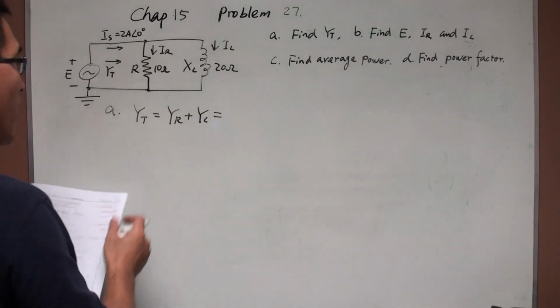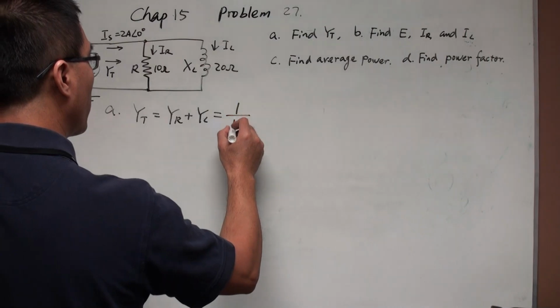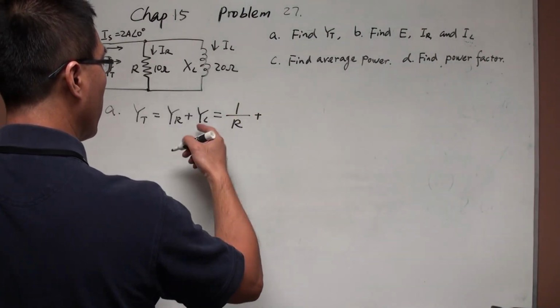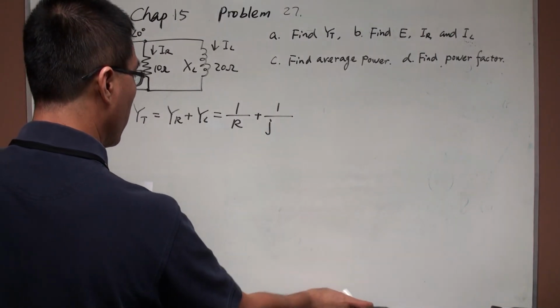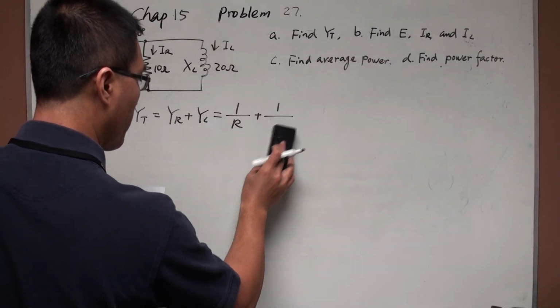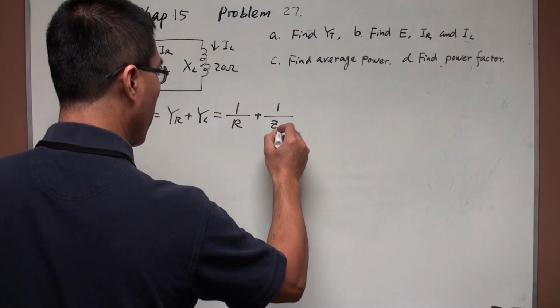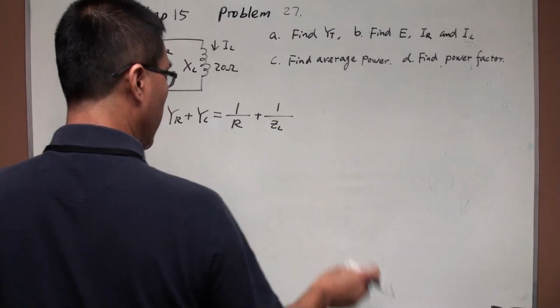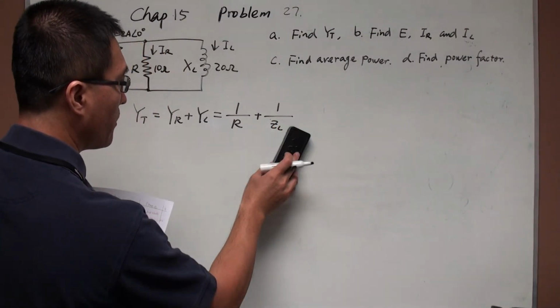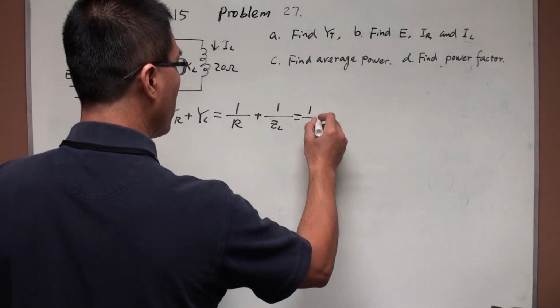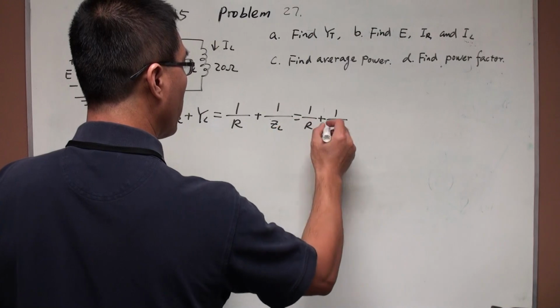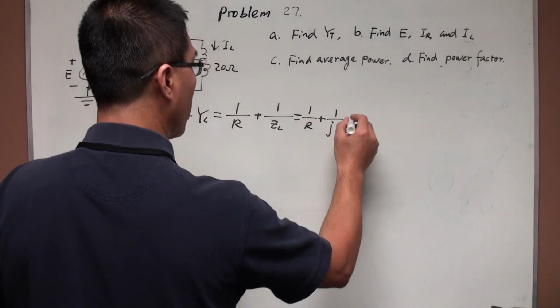YR is 1 over R, and YL is 1 over ZL, where ZL is JXL.